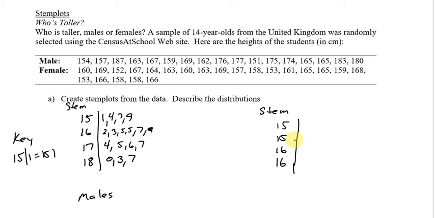All right, so let's see the girls. The smallest one, it looks like, was 152. And then there's 153, another 153. So I see 2 153s. And I don't see any more that are less than 155. So now we're going to move up to the next stem, 155 and above.